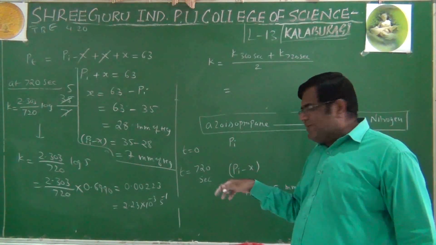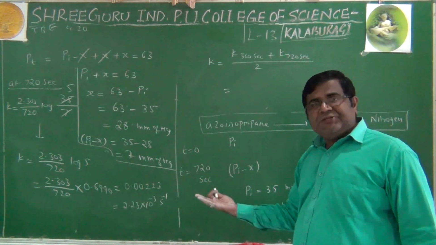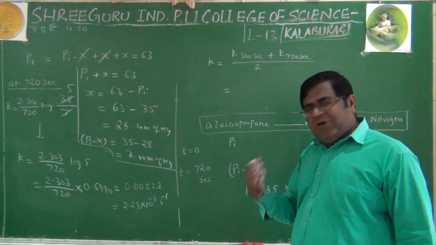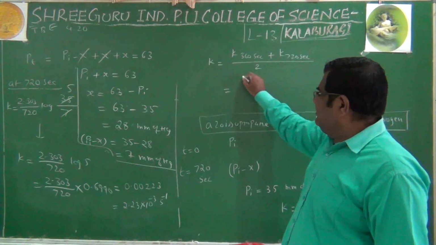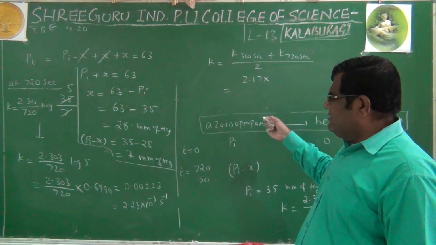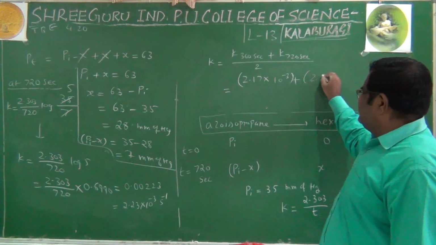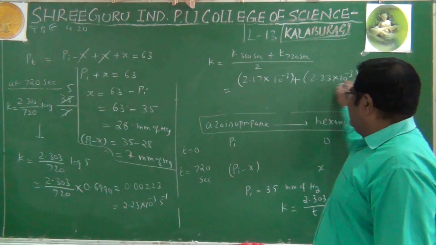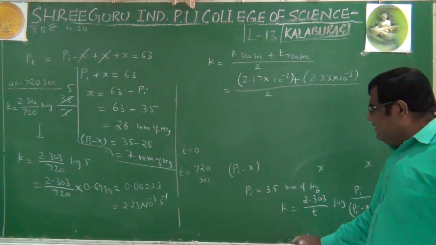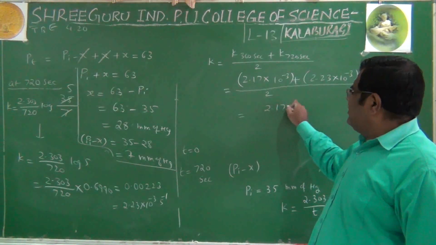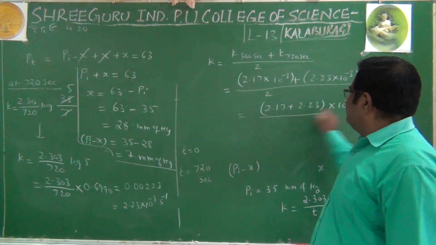The question is like that because they give data for the first 360 seconds and then 720 seconds. So we are forced to calculate two rate constants, and if we have to represent only one, we have to take the average. Initially it was 2.17 into 10 raised to minus 3, and now it is 2.23 into 10 raised to minus 3, divided by 2.